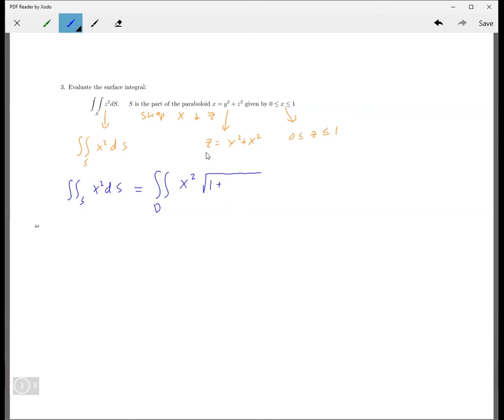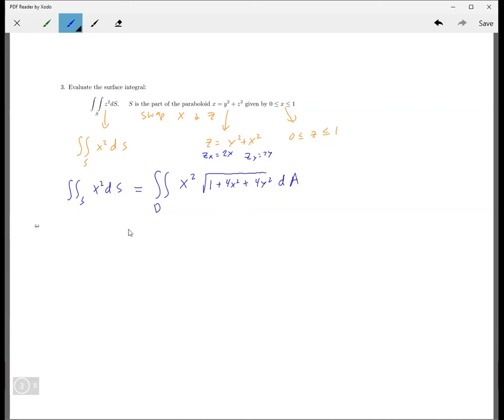What's z sub x? Two x. Yes. So this will be 4x squared, right? And then z sub y is 2y, so this will be 4y squared dA.